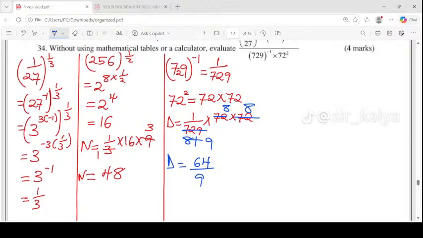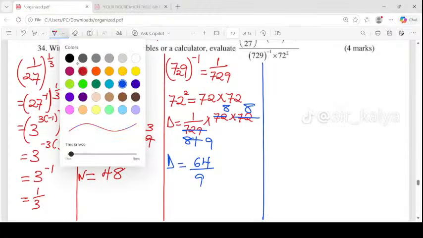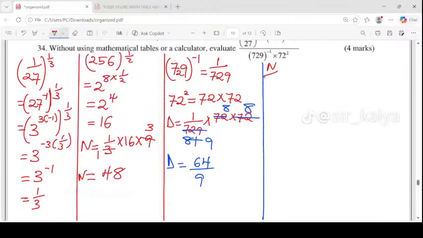Then after that, remember, how do we write our fraction? It is normally numerator divided by denominator. My numerator is 48. I divide this by the denominator, which is 64 over 9.